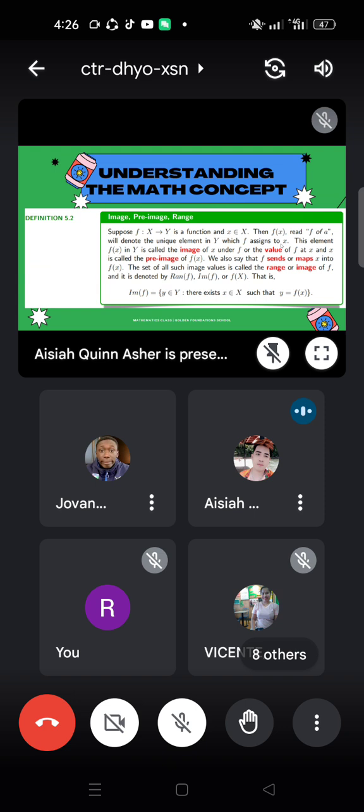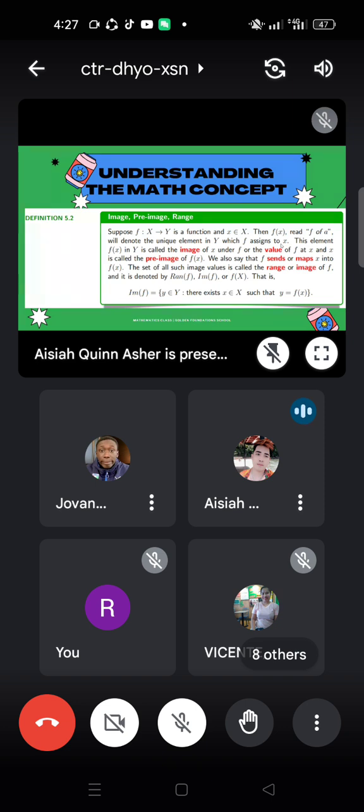This element f of x in Y is called the image of x under f, or the value of f at x, and x is called the pre-image of f of x. We also say the set of all such image values is called the range or image of f, and it is denoted by range of f.